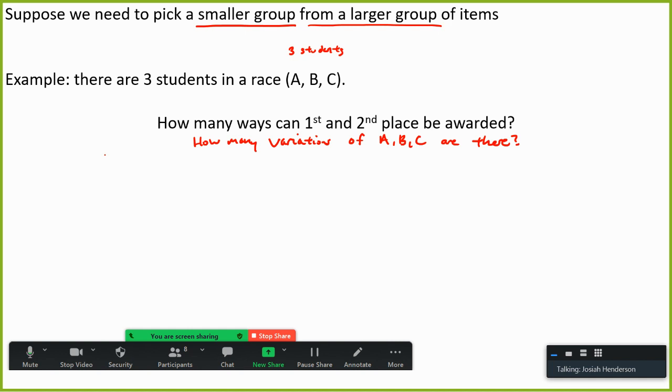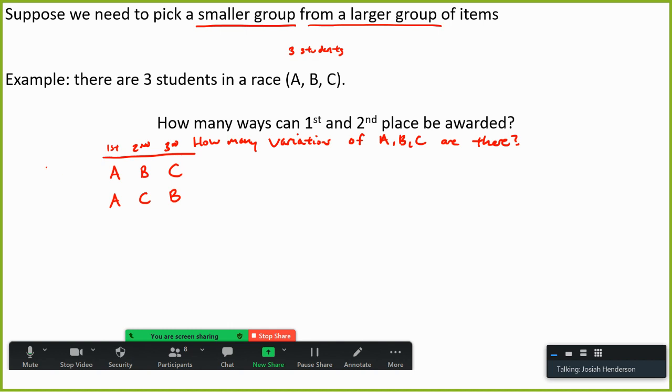So for example, we could list them as they're listed already, A, B, and C. So this is like first place, second place, and then third place for poor old C. But that's just one way to list these 3 items. How many different variations of mixing the order of A, B, and C exist? So for example, A could come in first, B could be second, and C could be third. Well, what about A and then C comes in second and B is third?